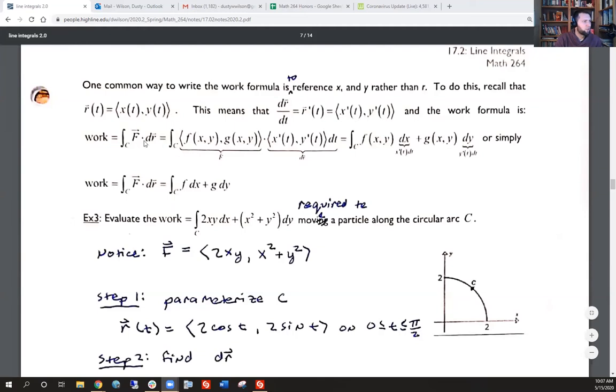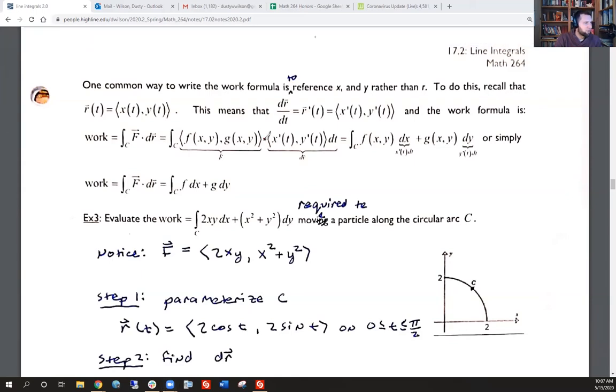And so you could think about f dot dr as f comma g dot, here's that same dot that's showing up in both places, x prime y prime dt, and all this stuff makes up our dr.